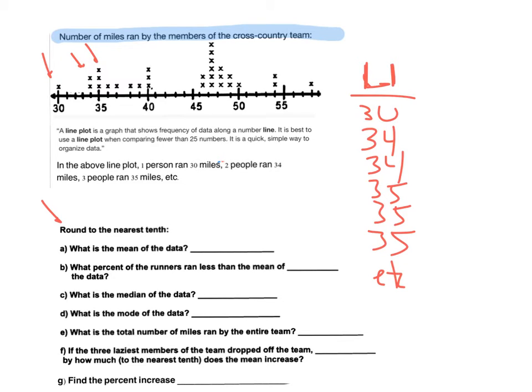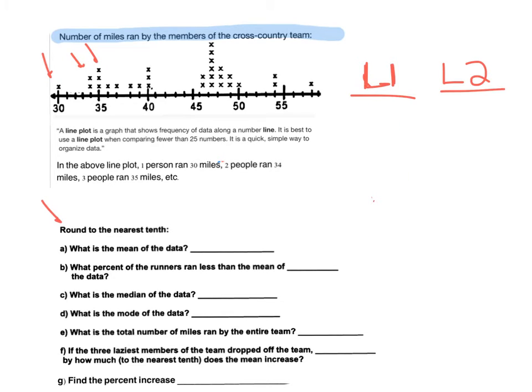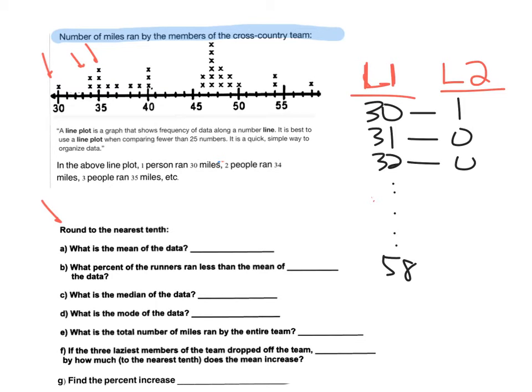Or what you could do is use the frequency distribution feature of the calculator. You could enter in the data, 30, 31, 32, all the way through it looks like 58 miles, and then next to them enter in the frequencies. Really the choice is yours how you want to do this on problems that you encounter. But here, this particular problem looks like it's best to use the frequency distribution feature because we have all sorts of data that's repeated.